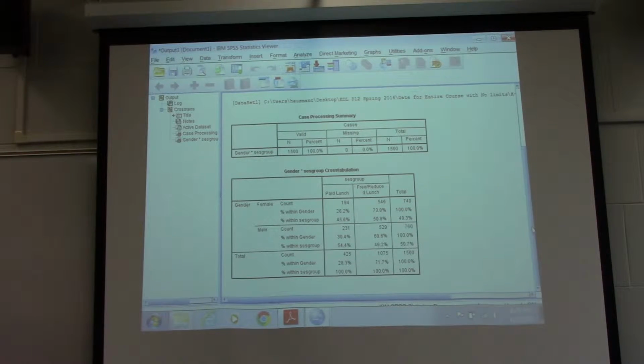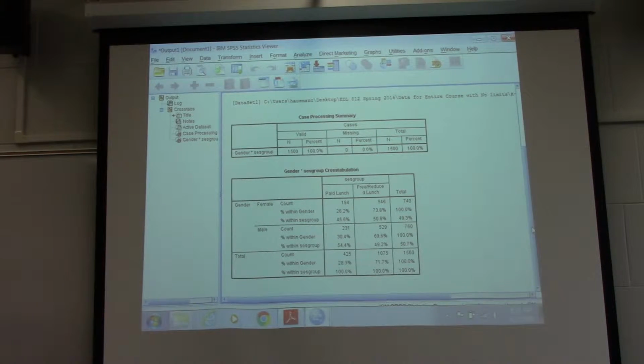Where this gets a little confusing is I could start with the column and I would ask you a very different question. Of all the students in this sample, what percentage qualify for paid lunch? Then you start with, of all paid lunch students, what percentage are female? I'm in this column, and I go down to the second number, the column total, and it's 45.6%.